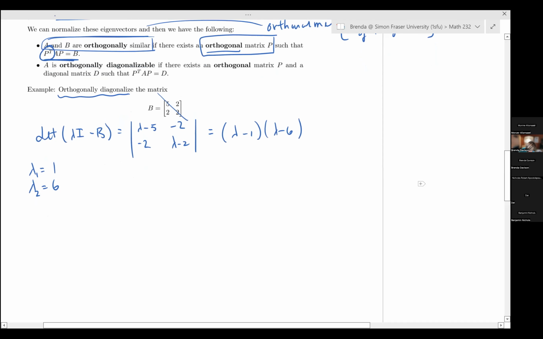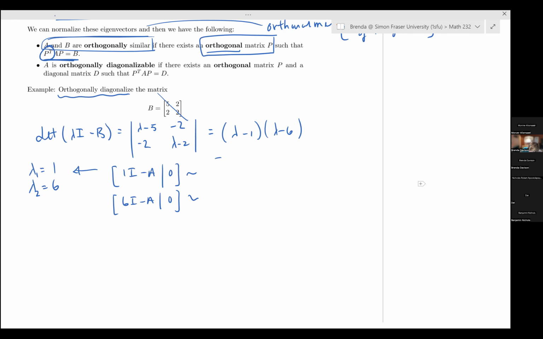Okay, so then I calculate the eigenvectors for each one of these. So that is here, 1 times I minus A augmented with 0, and then 6 times I minus A augmented with 0. I row reduce those two. And in this case, I want you to check my computations here. It's a good exercise to do.